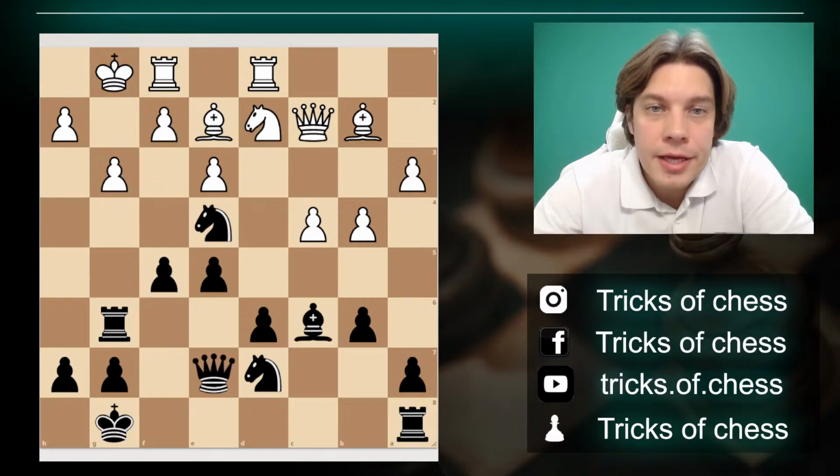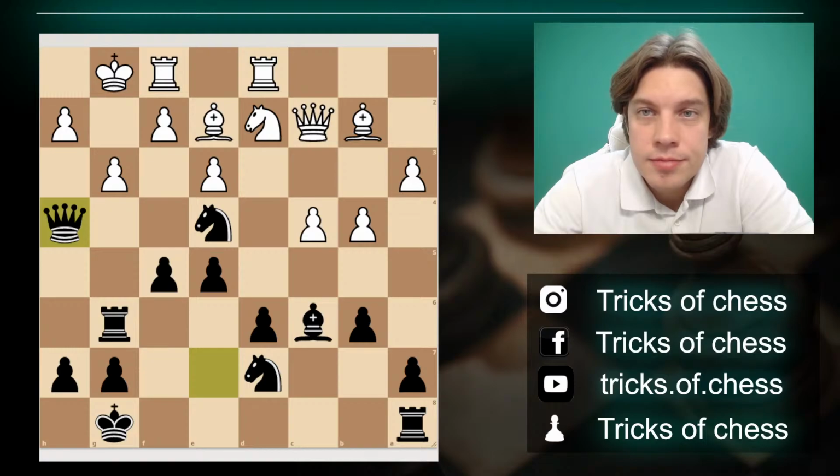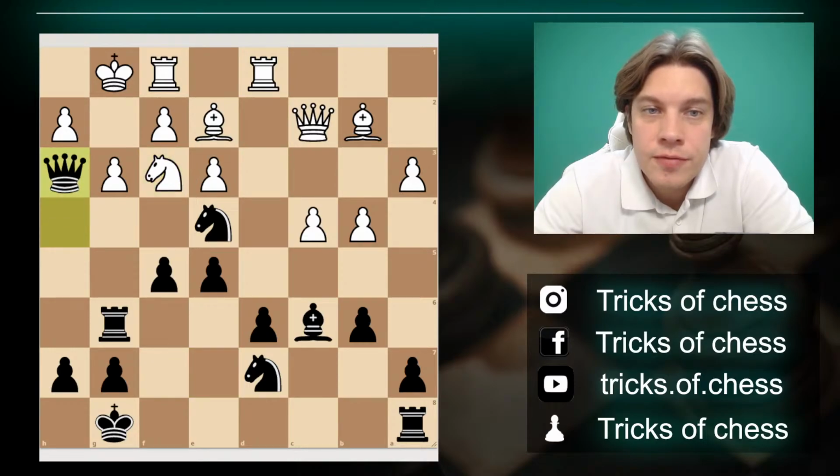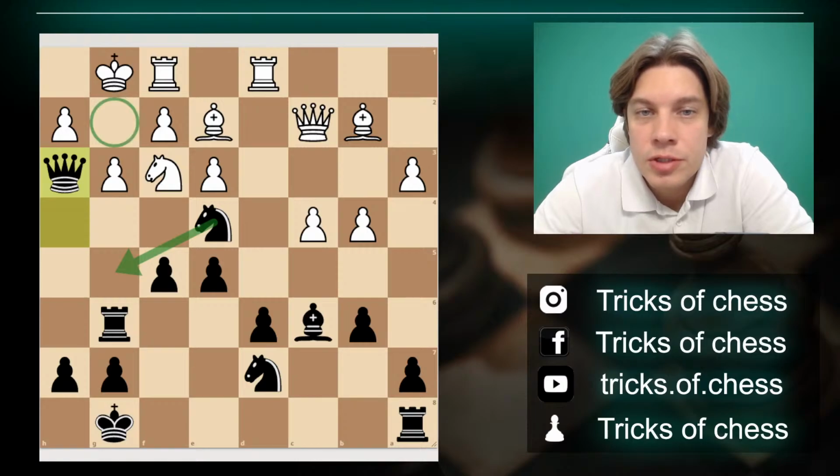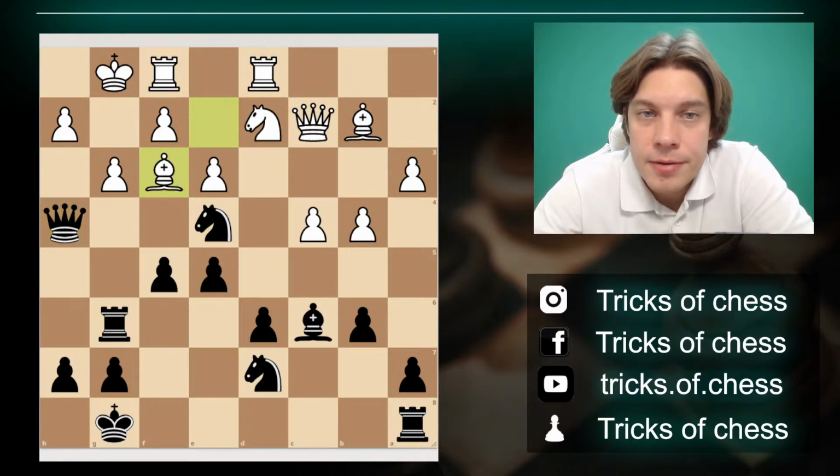Of course, queen h4, joining more pieces. What happens then? Oh, this move, just knight, queen h3 and knight g5 to checkmate on g2. That's why bishop f3. Queen goes there.